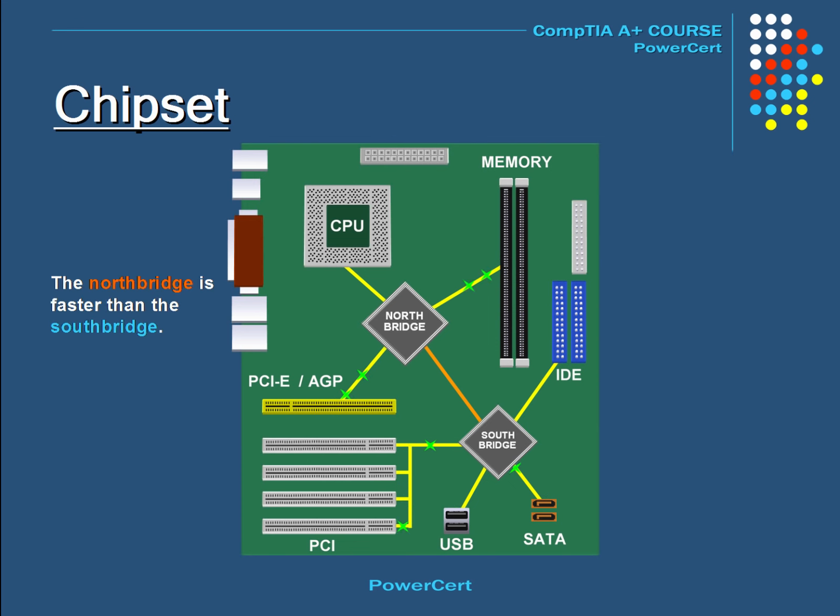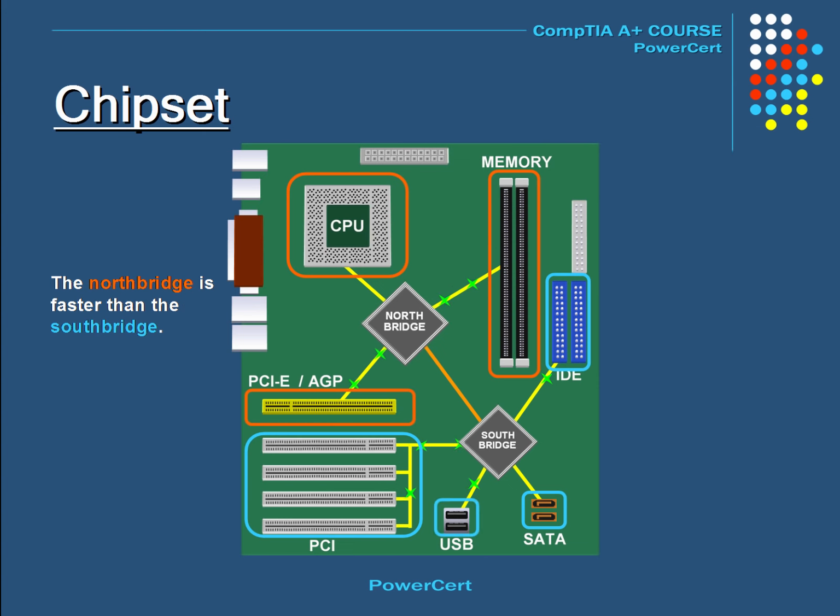The north bridge is faster than the south bridge, and that's because the CPU, the PCIe, AGP, and memory are the most used and most important components of the motherboard, so they need to operate at the highest speeds possible. The slower south bridge communicates with the PCI bus, SATA and IDE connectors, and USB ports, and they don't need to be as fast as the other components.